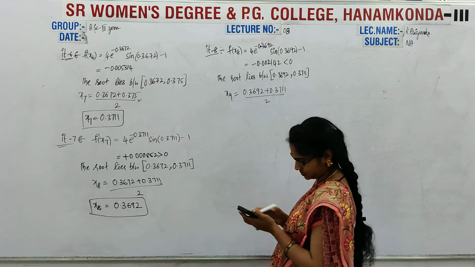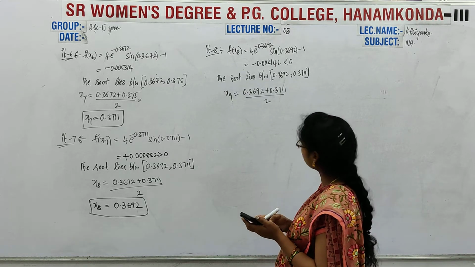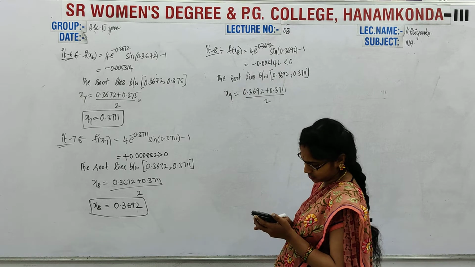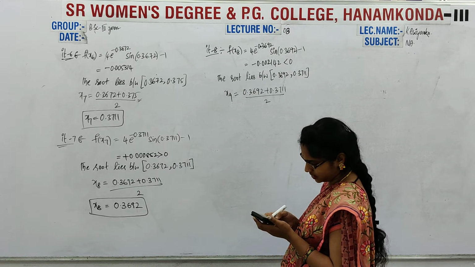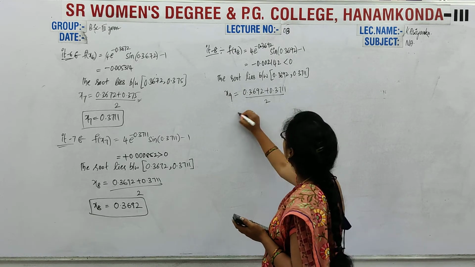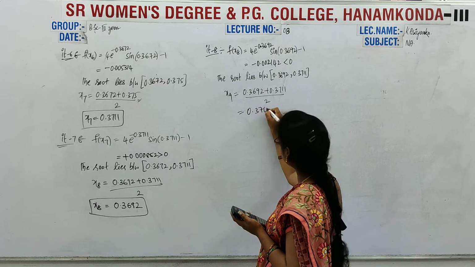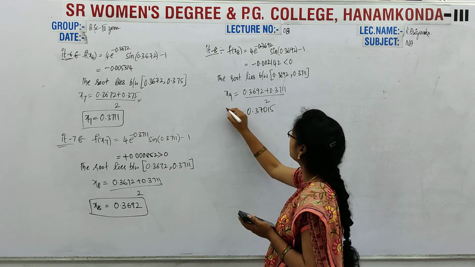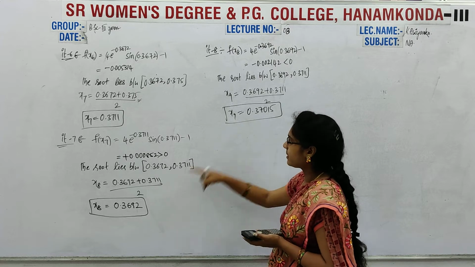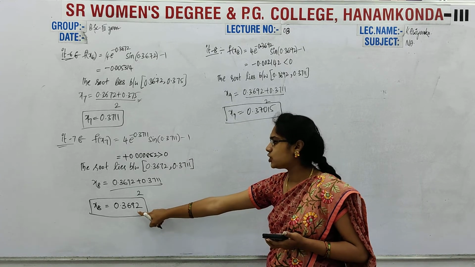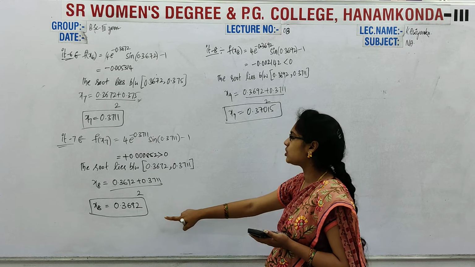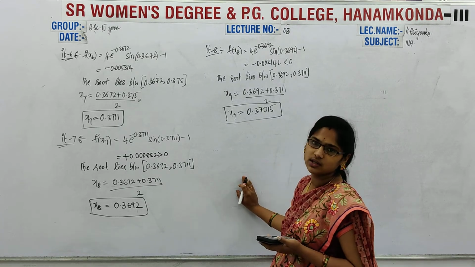By 2. 0.3692 plus 0.3711 divided by 2. 0.37015, x9. So by comparing this with x8, 0.369, 0.370.